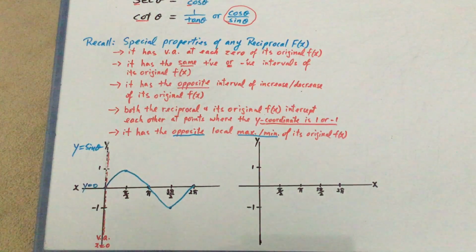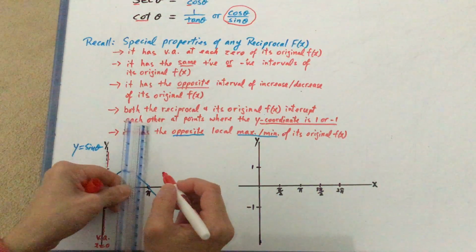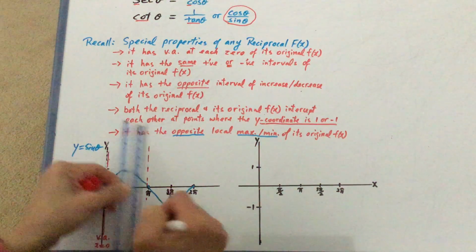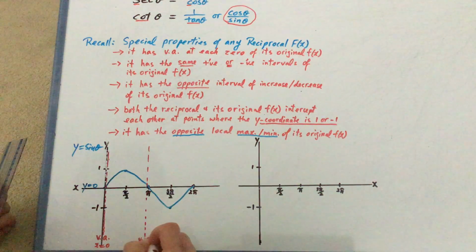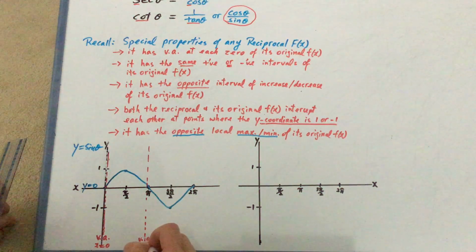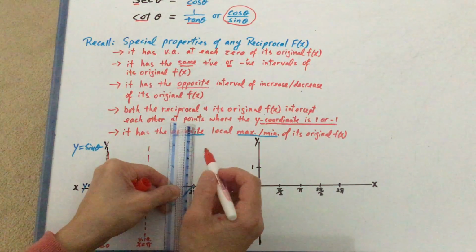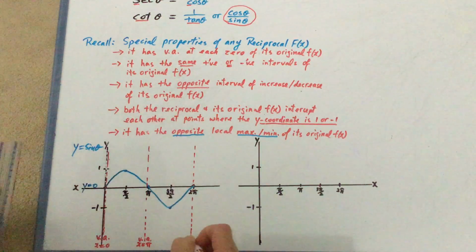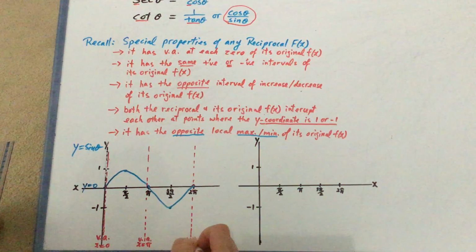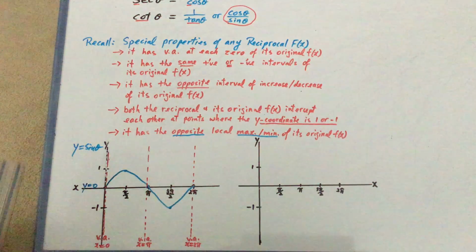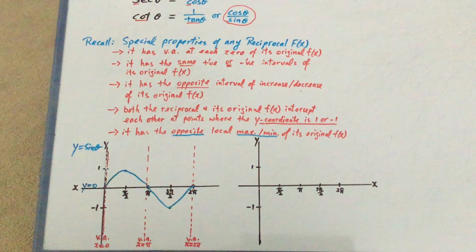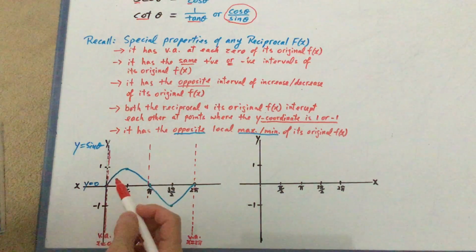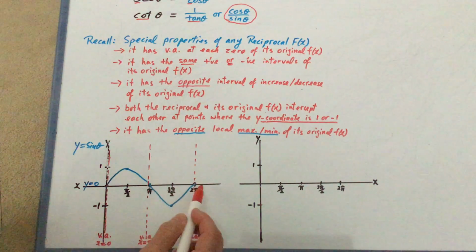My second one will be where pi is, so I'm going to draw this broken line. I have another VA here at x equal to pi. Lastly, I have a zero at 2 pi, so I'm going to have another VA at x equal to 2 pi. All of this you need to label clearly on the graph. So the vertical asymptotes are where the original has a zero.